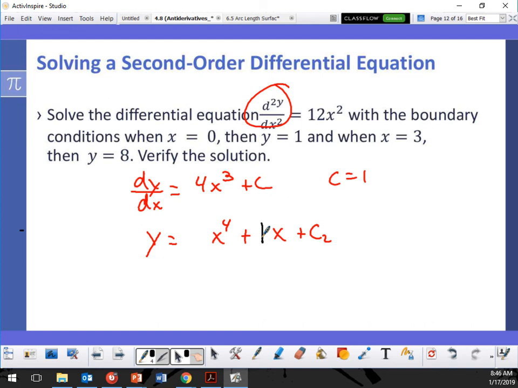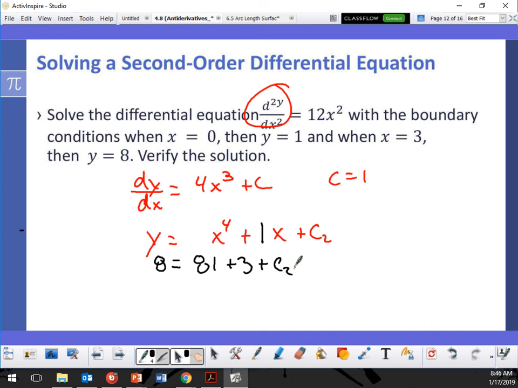And so when I plug it in again, where x is 3 and y is 8, this is going to be 8 equals x is 3, so that's going to be 81 plus 3 plus c, whatever my second c is, right?